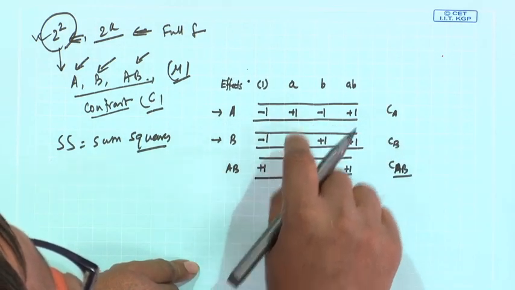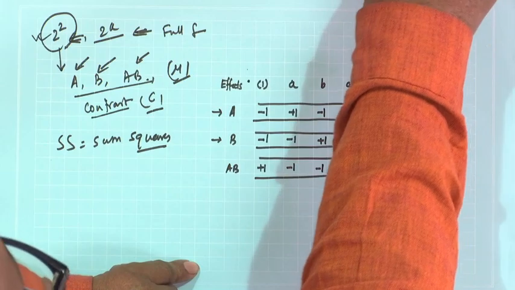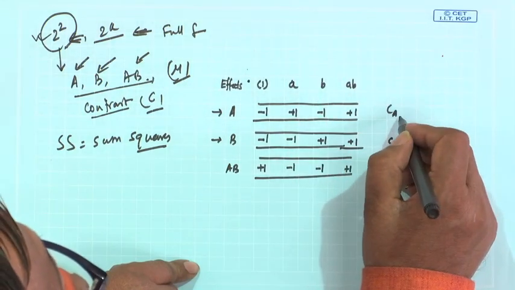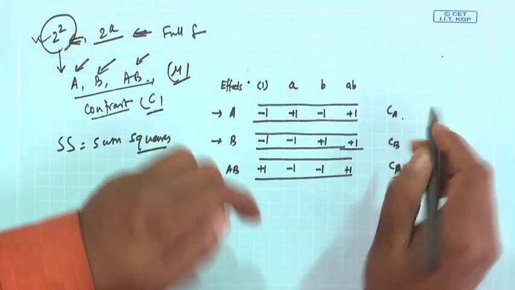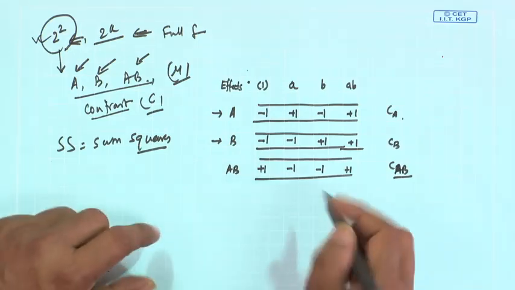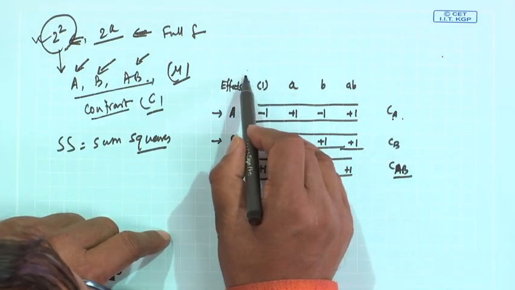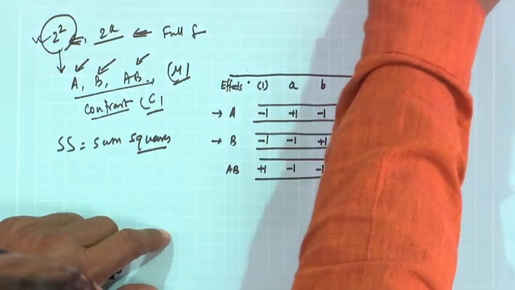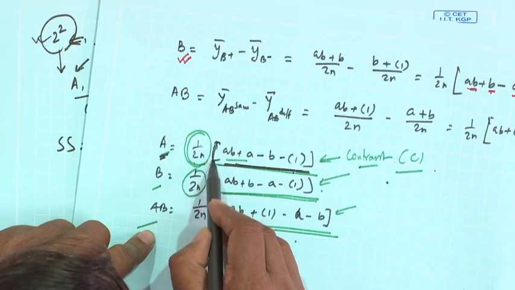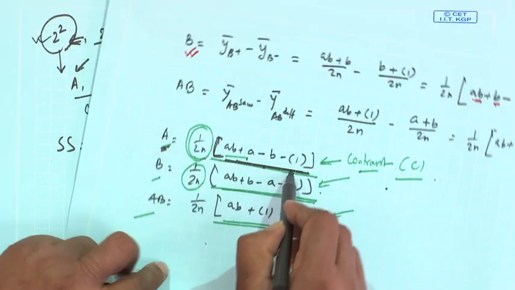Now, when we say this, basically that effect is there. So, if I go back again, I am saying this portion is the contrast multiplied by this.